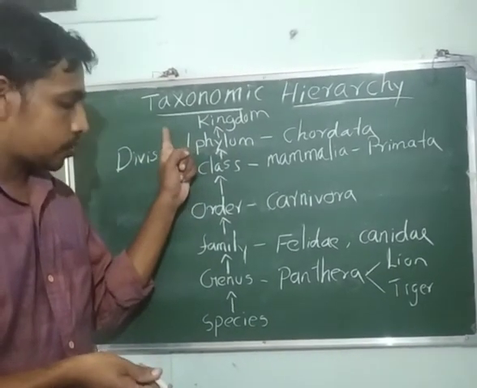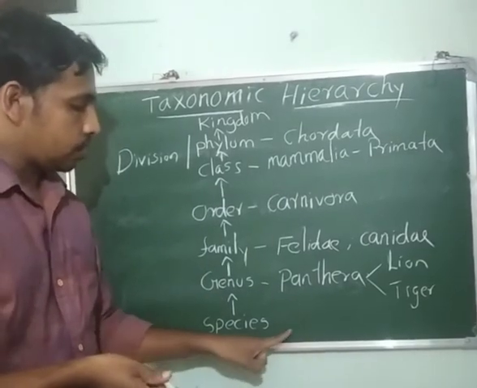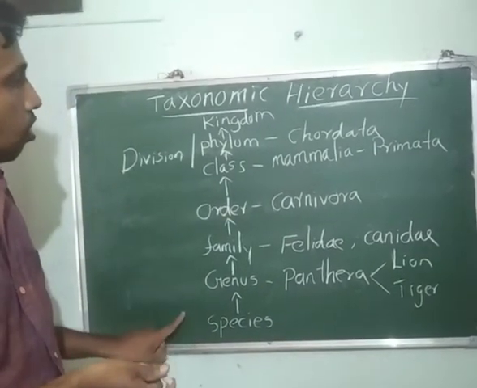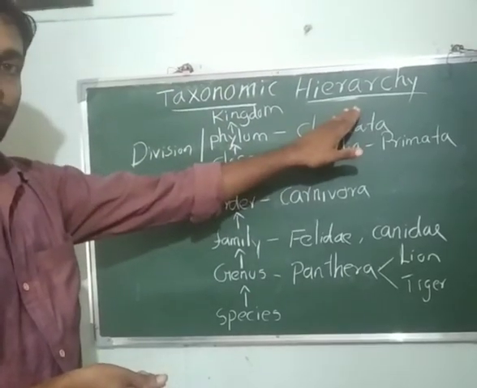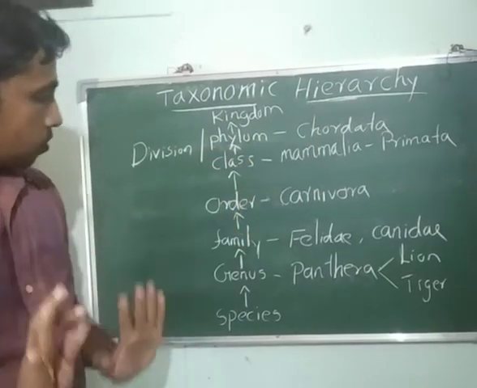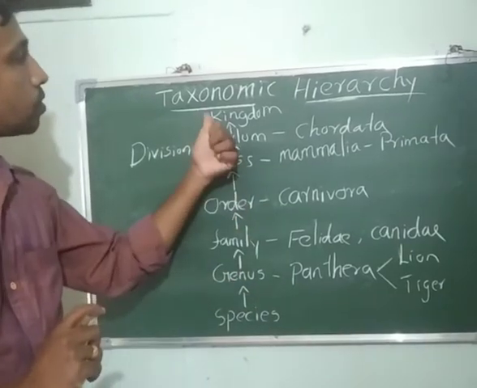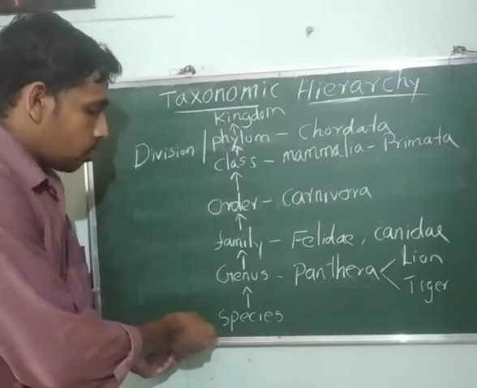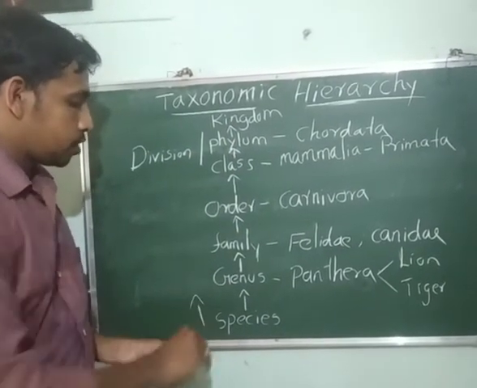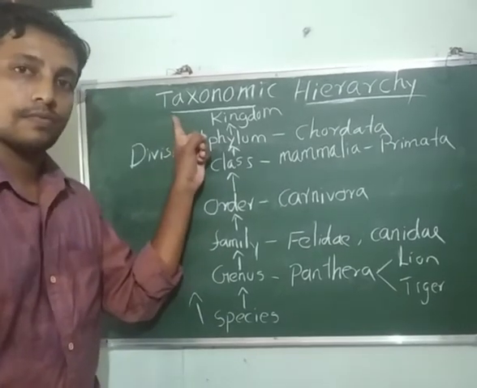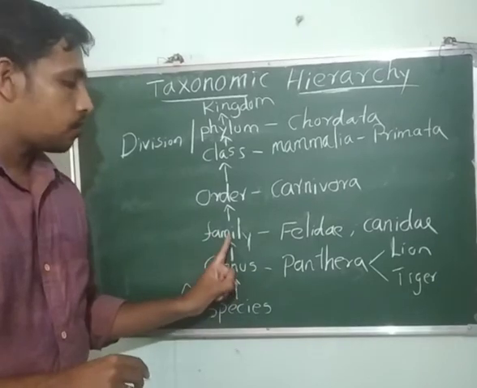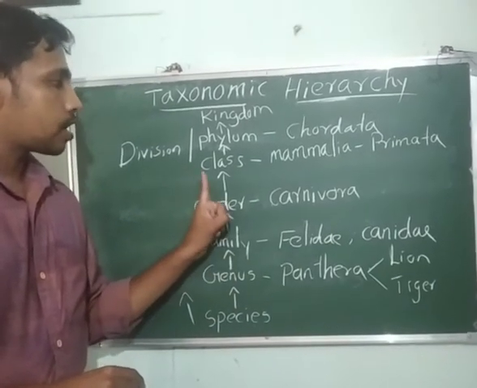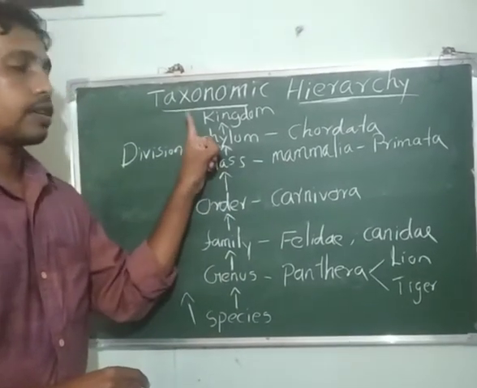Kingdom is the highest level and species is the lowest level. So from species to kingdom, this is an ascending order. The first level is what? Species, then genus, family, order, class, phylum and kingdom.